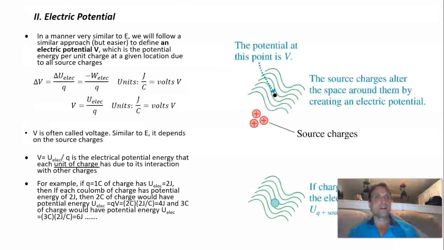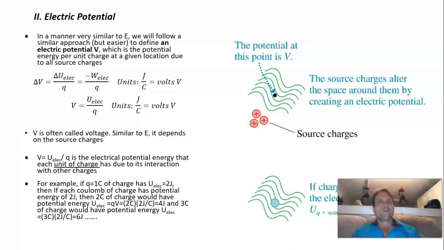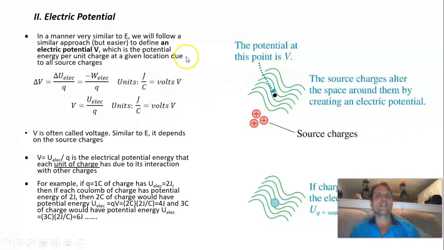Now, just like we defined the electric field as the force per unit charge, we're going to define this quantity V called the electric potential. This is not to be confused with the electric potential energy, U. It is defined as the potential energy per unit charge at a given location, due to all of the other source charges.